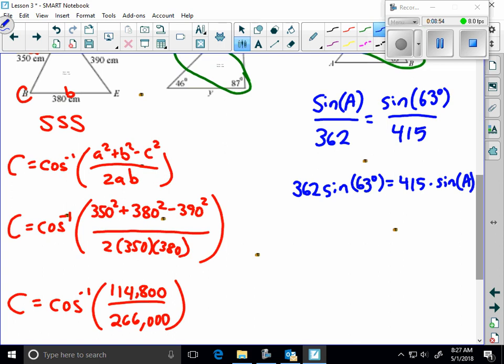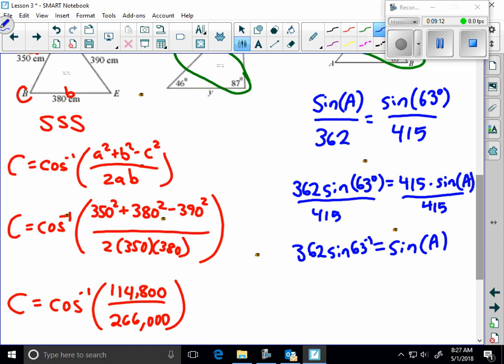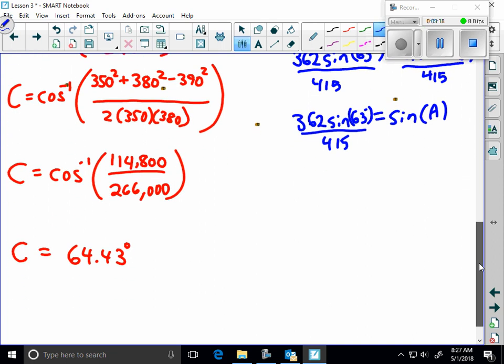I'm trying to isolate that angle A so I can get it all by itself. I'm going to divide both sides by 415. That'll get me one step closer. So the sine of A is equal to all of this stuff. All right, so what do I do to find an angle?